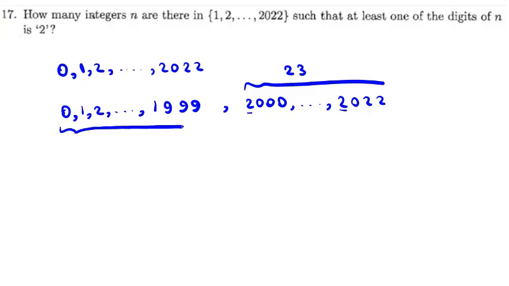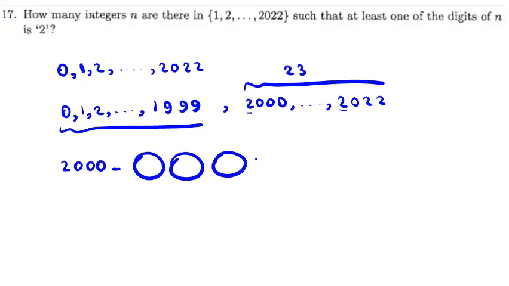And now we want to calculate this. Here, we don't use the direct way. As I said in my previous video, sometimes you consider all cases minus the bad cases. So you say 2000 numbers we have, minus the number of cases that don't contain 2. Here we have 4 digits, and some numbers have less than 4 digits.